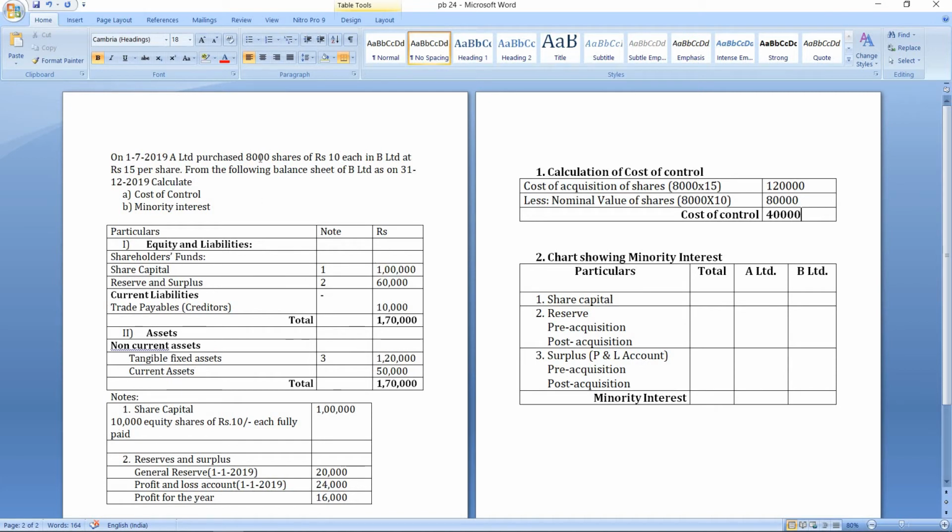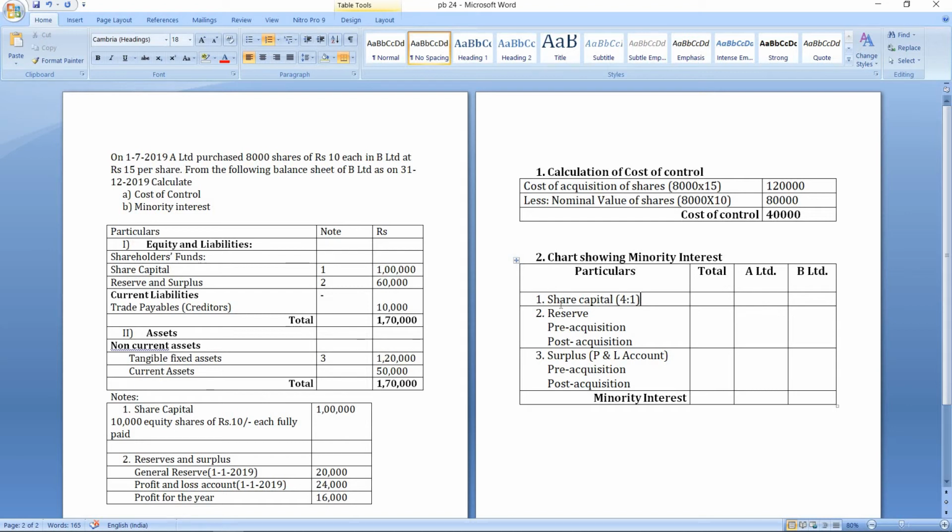That means the remaining 2,000 shares are held by minority shareholders. So 8,000 is to 2,000, and when you simplify, you get 4 is to 1. Using this ratio, we have to divide share capital, reserves and profits among holding company and the remaining shareholders.